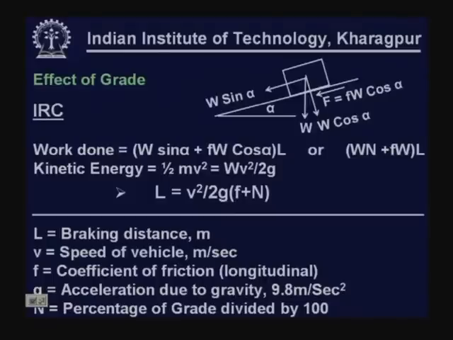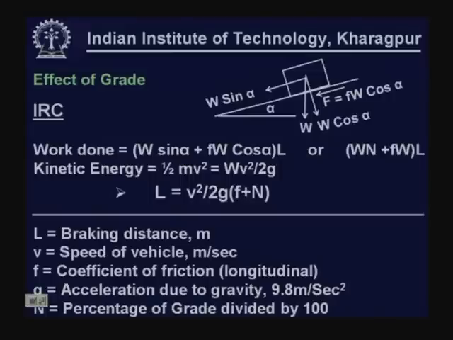Normally that slope is small. So, for small alpha, cos alpha is approximately equal to unity and sin alpha is approximately equal to tan alpha, which is nothing but taken as n here. N is the percentage of grade divided by 100. So, if we say 3% grade, it actually means 3 by 100, that is the value of n. So, kinetic energy is, as we calculated earlier, half mv square.